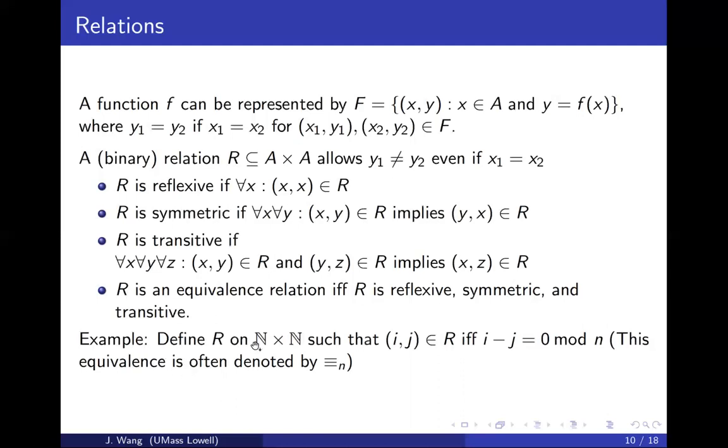We can define a relation on the Cartesian product of N such that i is related to j if and only if i minus j is a multiple of n. In other words, i minus j is equal to 0 modulo n. And this relation can be represented using this notation. Okay, so this is equivalence sub n.